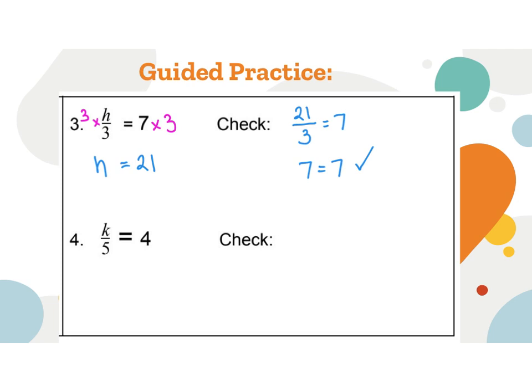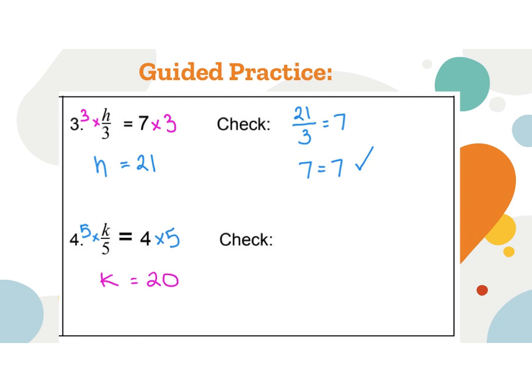Our next equation is k divided by 5 equals 4. The opposite of dividing by 5 is multiplying by 5. So we'll multiply both sides of our equation by 5. The 5s cancel out and leave k by itself on the left, and 4 times 5 is 20.